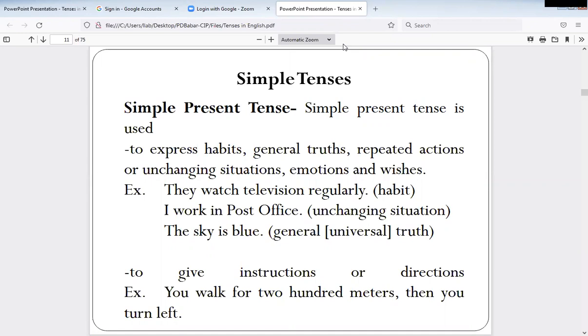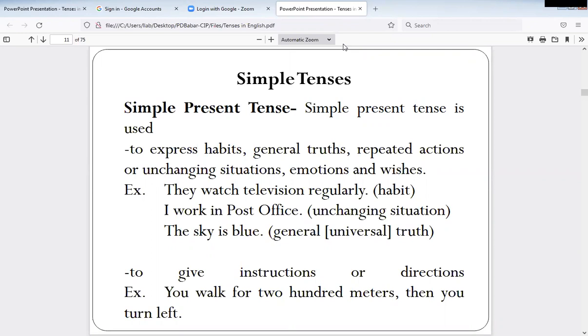The sun rises in the east. Okay, the sun rises in the east. It is universal, and we can't change its position, or we can't say that the sun rises in the west. It sets in the west.